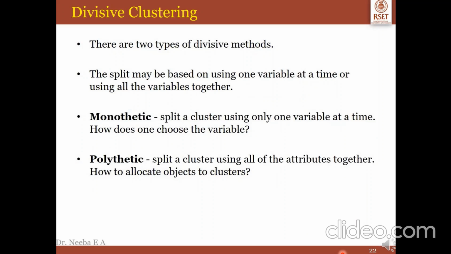There are 2 types of divisive methods, monothetic and polythetic. Monothetic splits a cluster using only one attribute at a time. An attribute that has the most variation could be selected. Polythetic splits a cluster using all of the attributes together. Two clusters far apart could be built based on the distance between the objects.